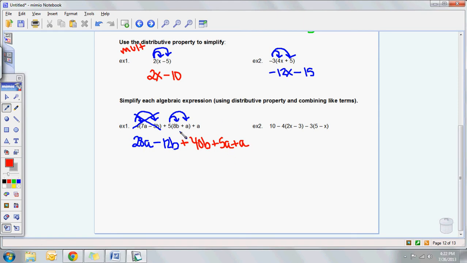Got rid of the parentheses, but I still see some like terms I can combine. So I see a lot of a's, and then I see some b's. Okay, so let's start with the a's. So 28a plus, this would be 6a, is going to give us 34a.